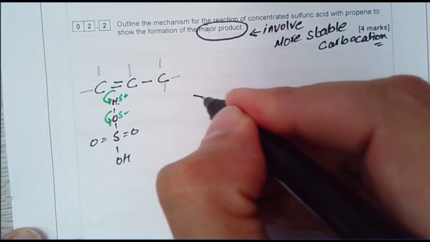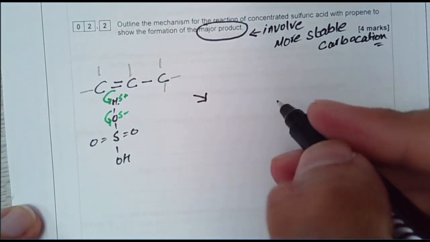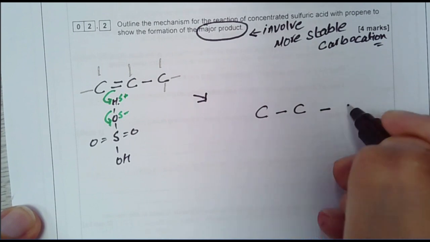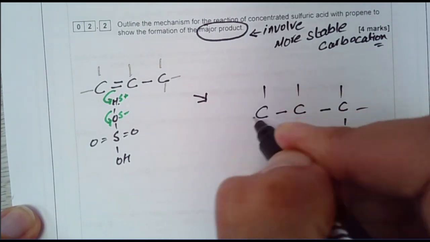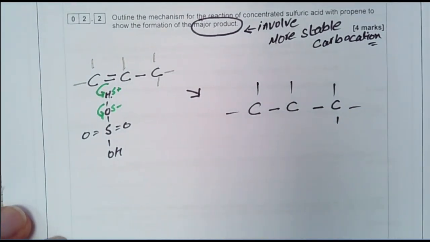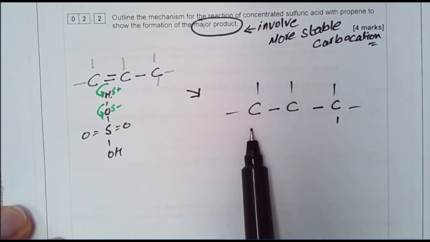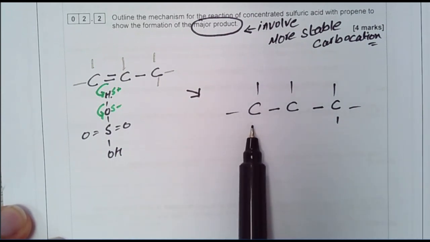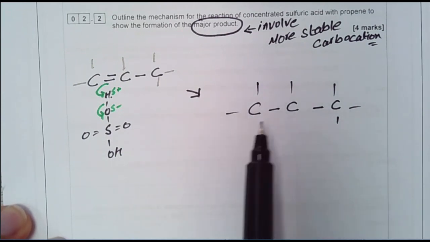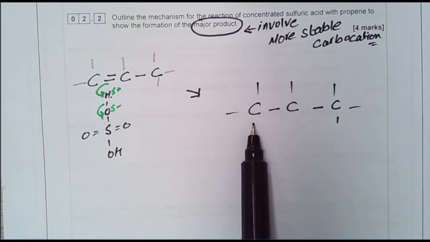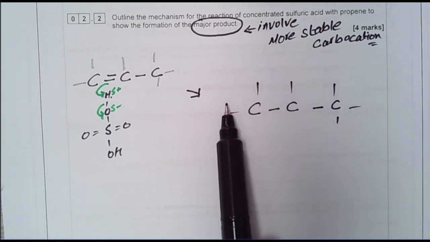As a result of this, now we need to form the carbocation. Which one will be more stable, here or here? If I put plus here and hydrogen here, what kind of carbocation is that? Primary, because it will have 2 hydrogens.